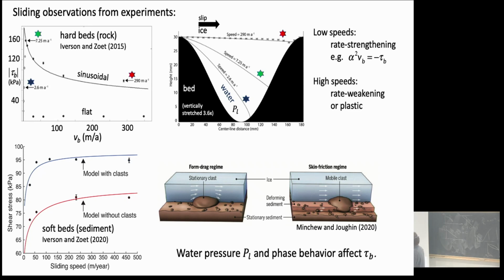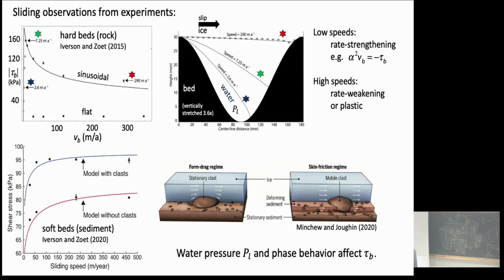And they did a couple of neat experiments together. This one here is a sinusoidal bed. It's made out of a kind of plastic, so it can't be deformed by their experimental conditions. And they're plotting the shear stress as a function of the sliding rate here, and these are fast sliding rates for glaciers, but they're within the realm that takes place.